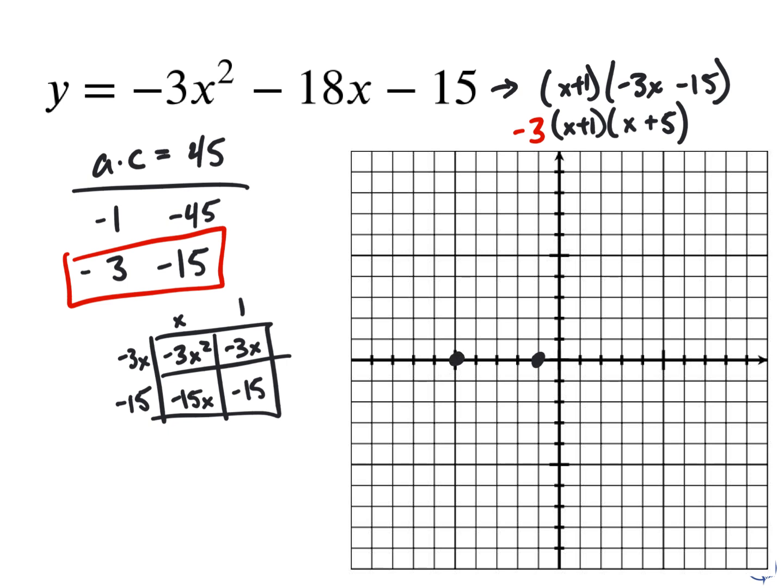So halfway between the x-intercepts is at negative 3, so that means that our vertex has to have the x value of negative 3. And so we're going to put negative 3 in either here and here, or just here and here.